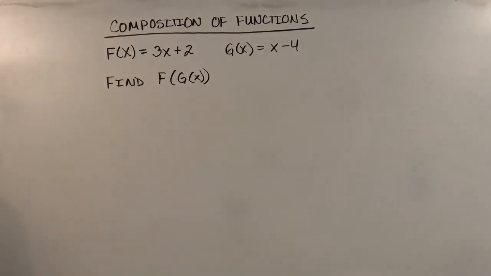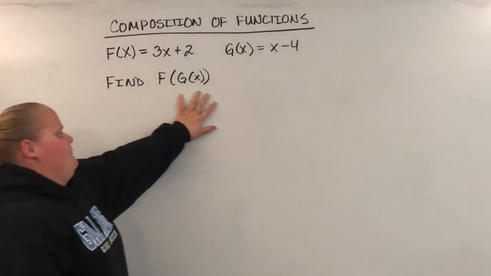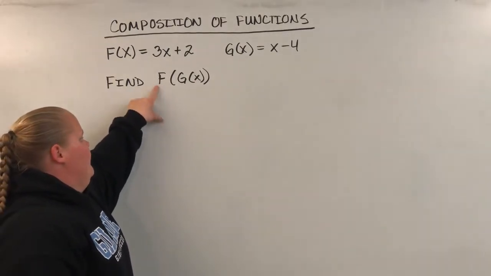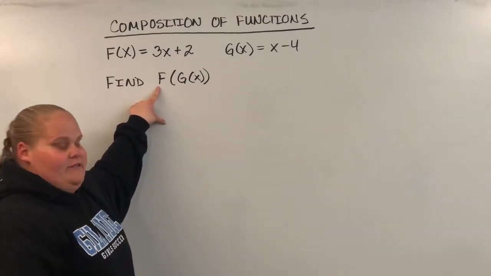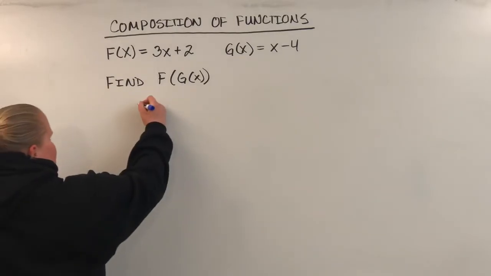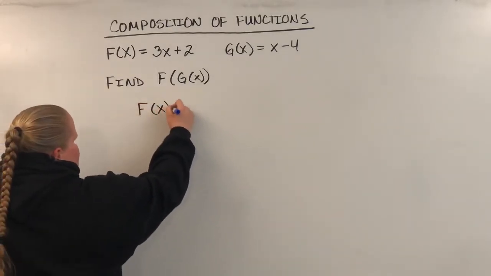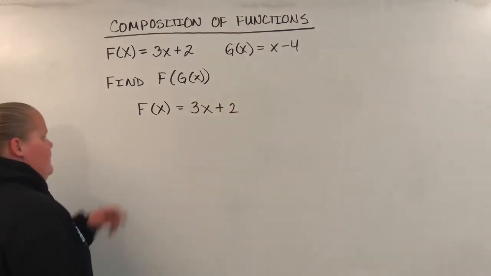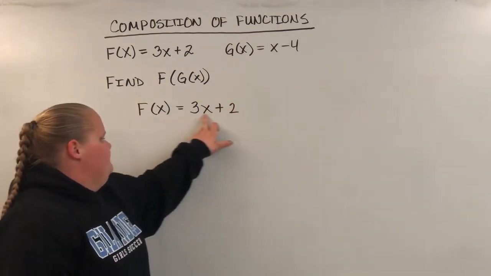We look at how this is written, because order matters here. F is the first thing, so that means I'm using this function to start out with. So I'm going to write down that function, f of x equals 3x plus 2. F came first, so I wrote it down.